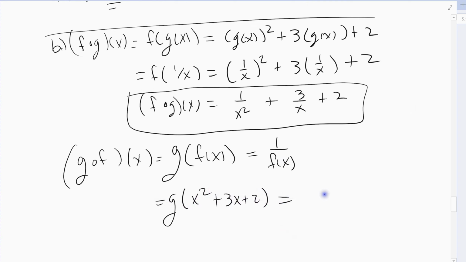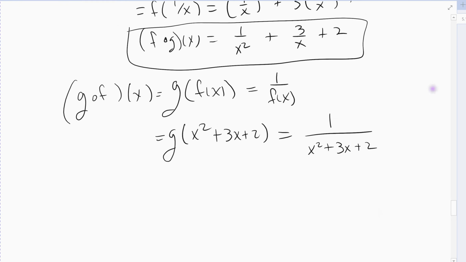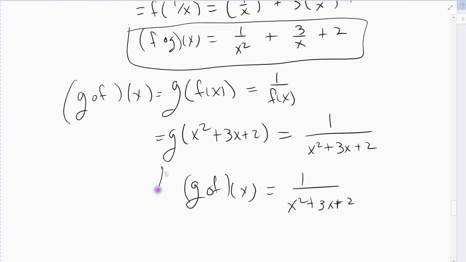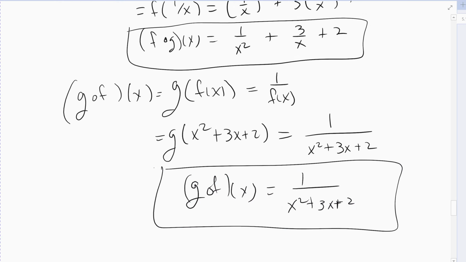So I'm just going to plug it in and get 1 over x squared plus 3x plus 2. That is g of f of x, and when you combine them this way, you do get completely new functions.